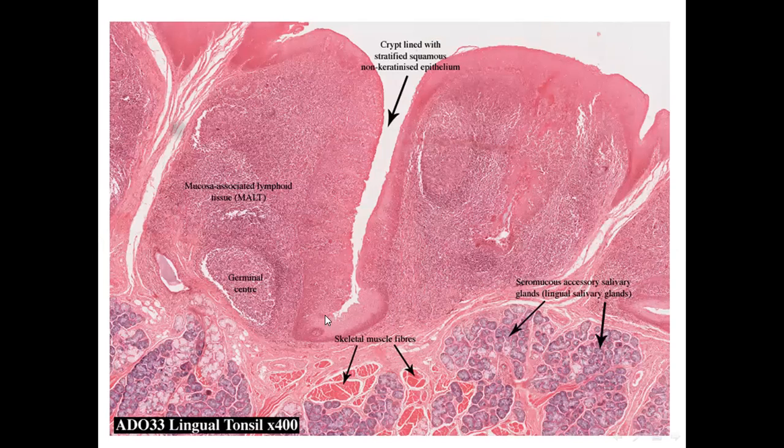The crypts invaginate into the parenchyma, lined by stratified squamous non-keratinized epithelium, and the parenchyma contains the lymphoid nodules.